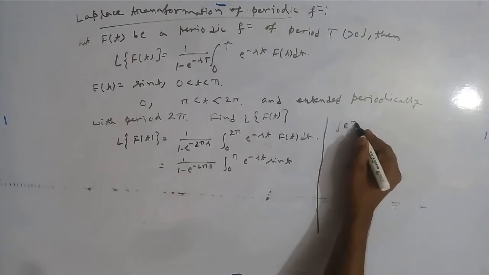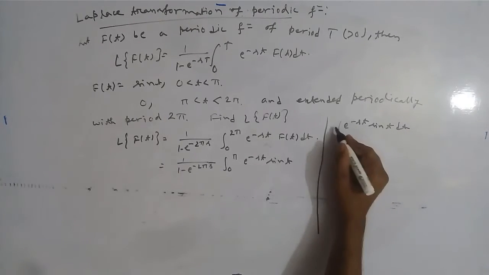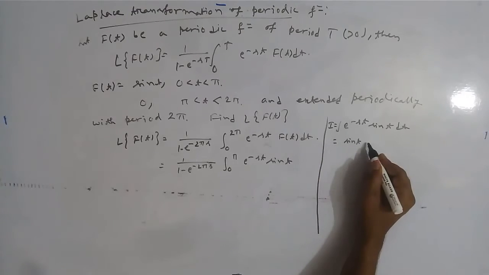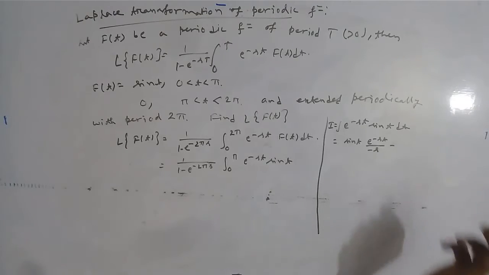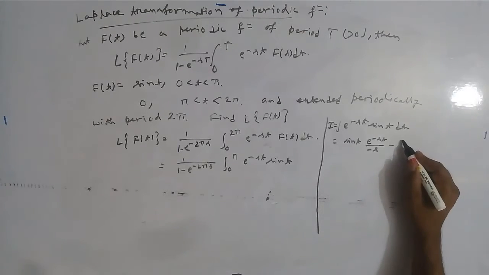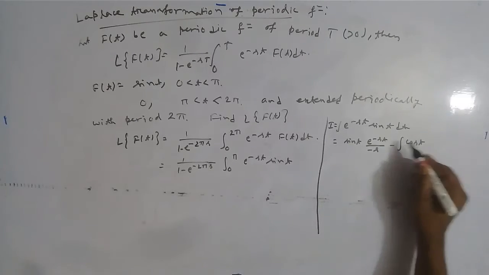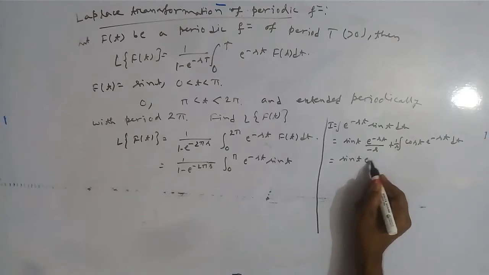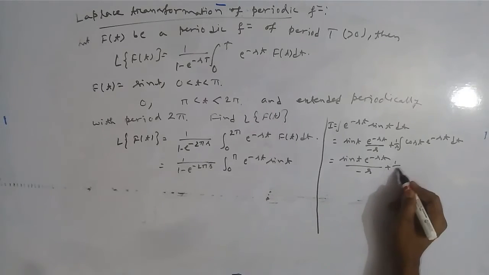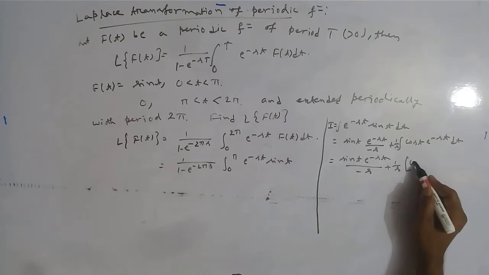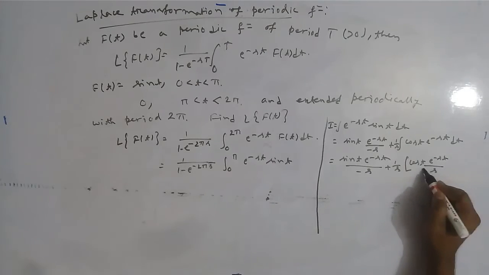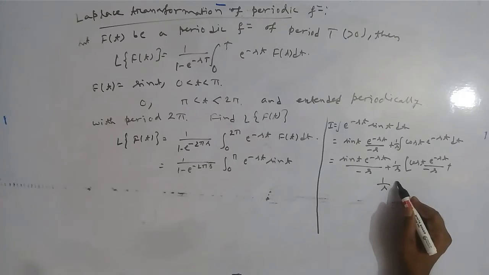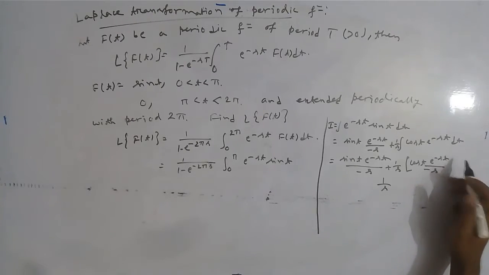The integral of e to the power minus st sin t dt, let us name it I. So it's equal to sin t, I am performing integration by parts, e to the power minus st by minus s, minus the integral of cos t, differentiation of the first, times e to the power minus st by minus s, that is plus 1 by s e to the power minus st dt, and sin t e to the power minus st by minus s plus 1 by s into, here cos t is the first function, e to the power minus st by minus s minus, it will also be plus 1 by s, it will be minus because differentiation of cos t will give a minus.